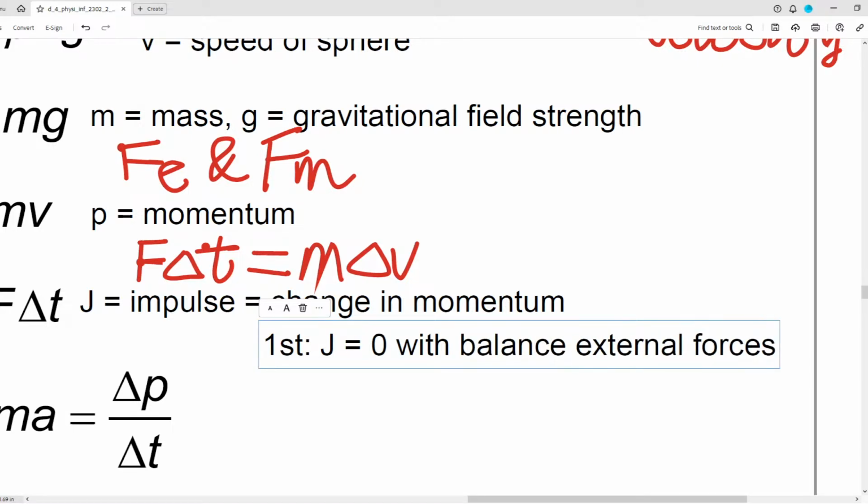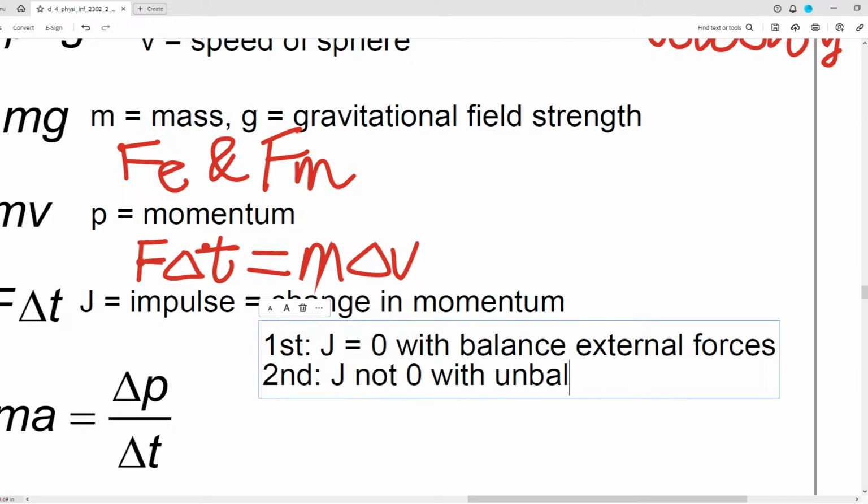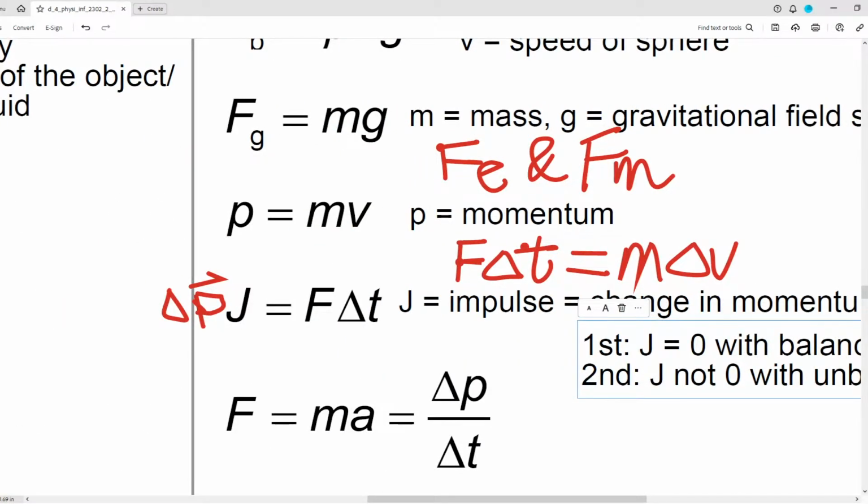All right. Second law. J is not 0 with unbalanced forces. Specifically, the force, the net force, I need to add the net in here, otherwise it's not quite correct.